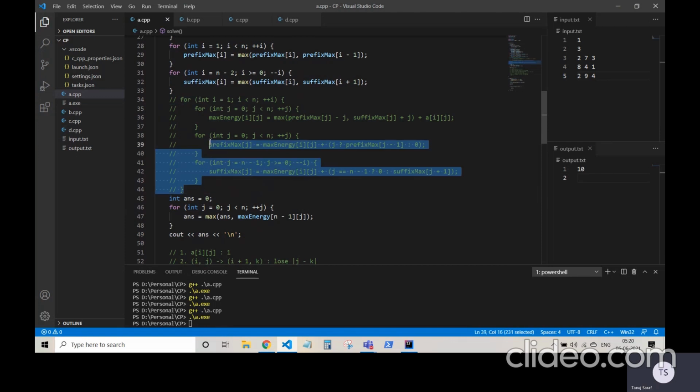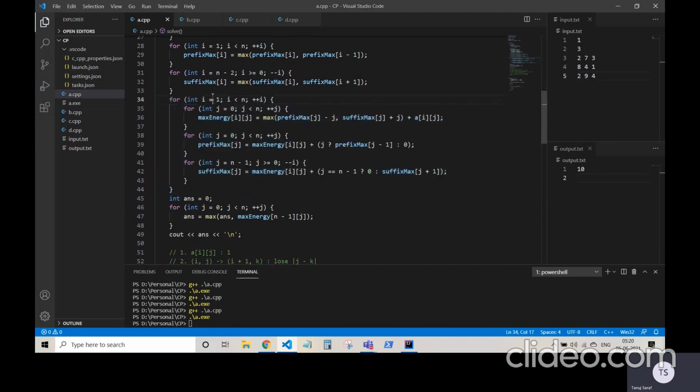Okay, so we have some problem in this part. Prefix max of j minus j, suffix max of j plus aij. This looks good to me. Over here, if j is greater than 0, then we take this. Greater than 0, so I think that is all right.